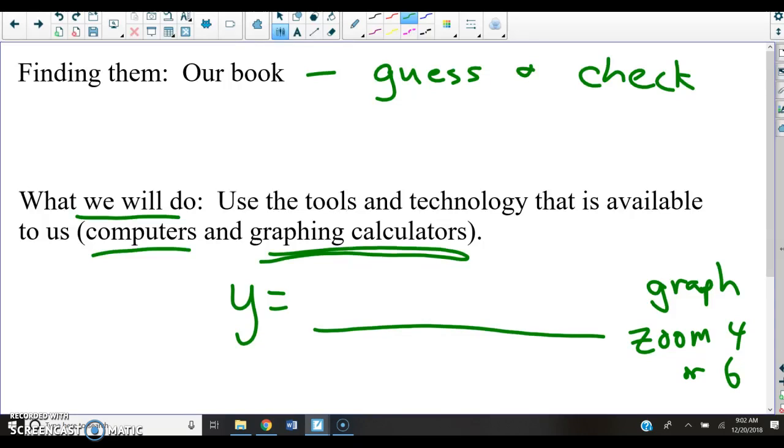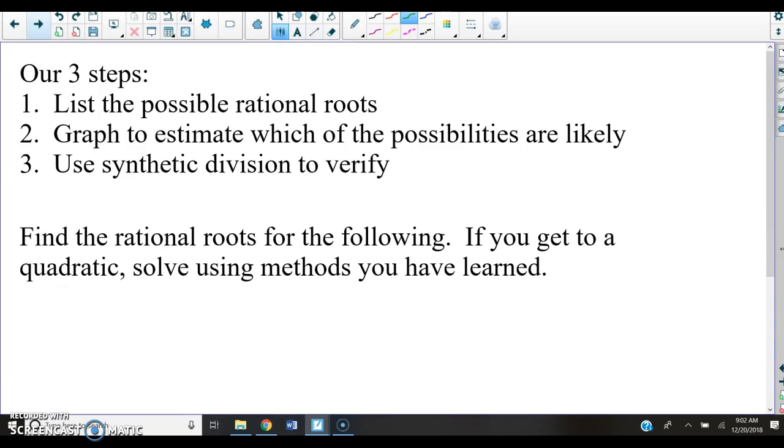On the computers, we're going to use Desmos Graphing. And I have it handy on my computer already for us, so we'll be doing that. So when we find these, we're going to list the possible rational roots. We're going to graph to estimate, and then we're going to use synthetic division to verify.